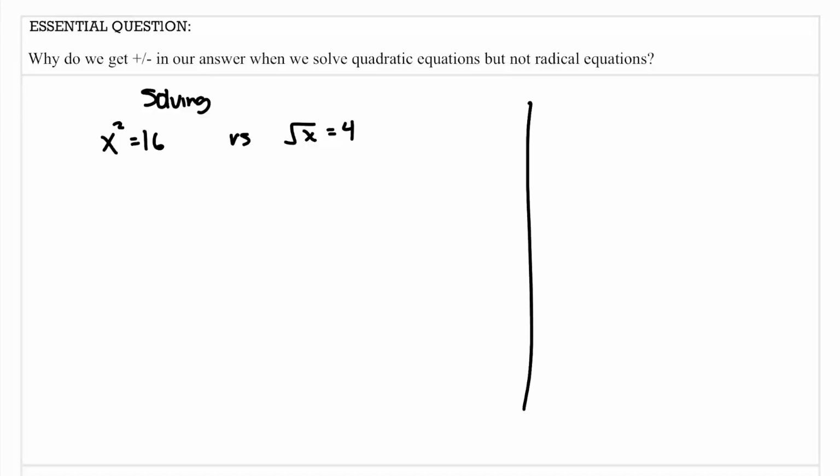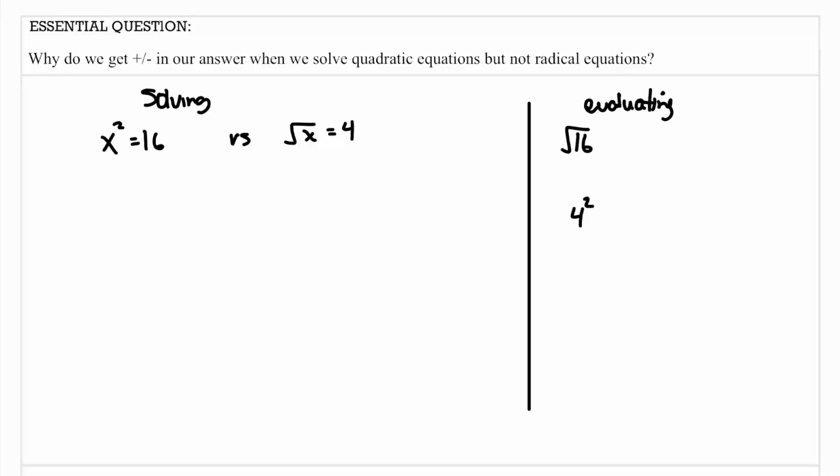And then on this side, we're going to look at evaluating. We're going to look at the square root of 16, and we're going to look at 4 squared. So on the solving side, we've got a quadratic and a radical. And over here, we're just evaluating some expressions, the square root of 16 and 4 squared.